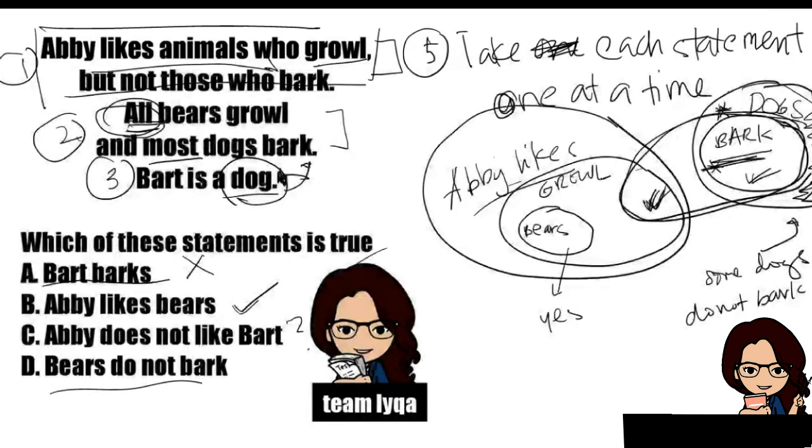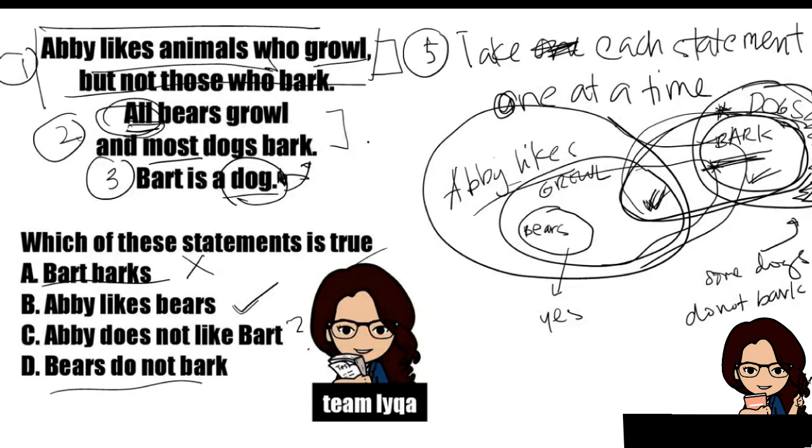So I already illustrated it here. There is a possibility, okay, that in the same way that there's a possibility that some dogs also growl, it is also possible that if you expand this circle right here, that some bears, okay, can also bark. Okay, and that is actually true. There are species of bears that bark.